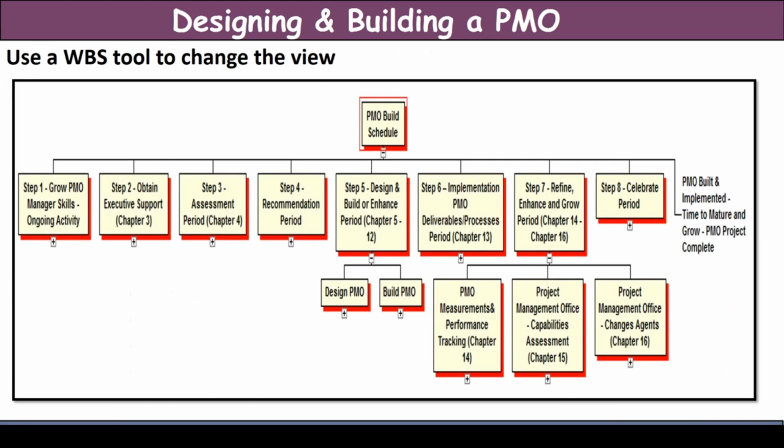Well, what you're going to do is you're going to change that view and you're going to use a WBS type of view. I strongly recommend a tool called WBS Schedule Pro. You're seeing an example of it here, but your executives are going to love that WBS view of your projects. So build a schedule, create a WBS, use that WBS with your leadership, your management, and really walk them through the timelines and all the activities to build your PMO.